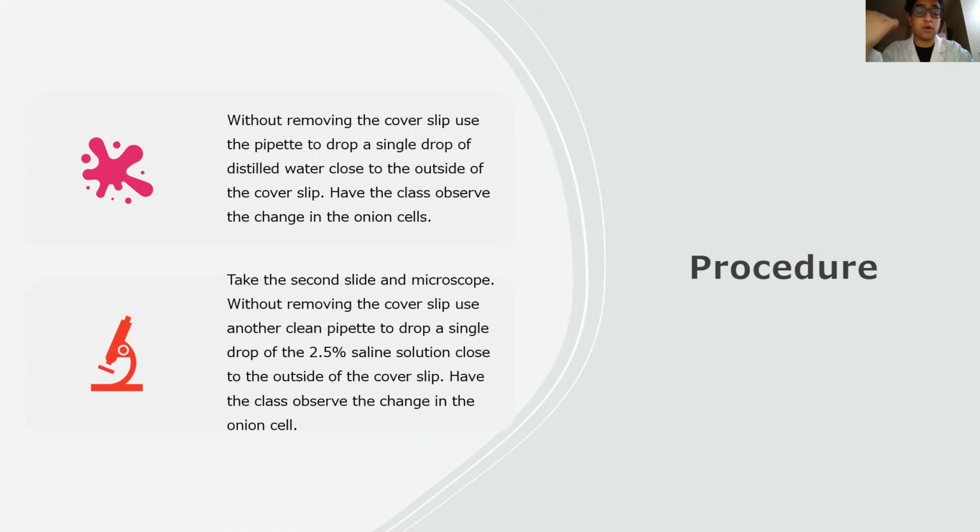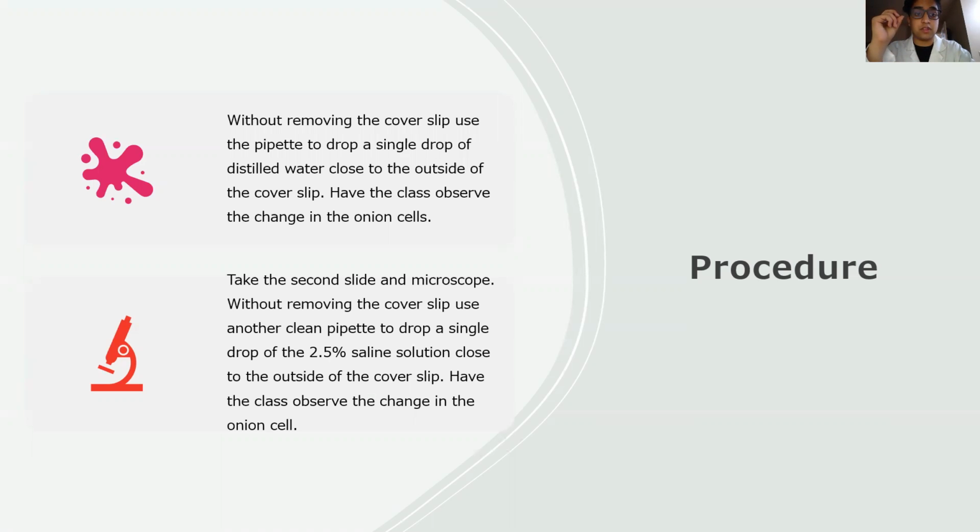There's a demonstration coming up ahead, or a picture that will show you how that takes place. And then you can do one of two things here. You can continue with this same slide and now take 2.5% saline solution, or 15% saline solution, that should say 15% saline solution, apologies for that, and put that on the corner of the slip itself, and see how the water gets sucked in once again.